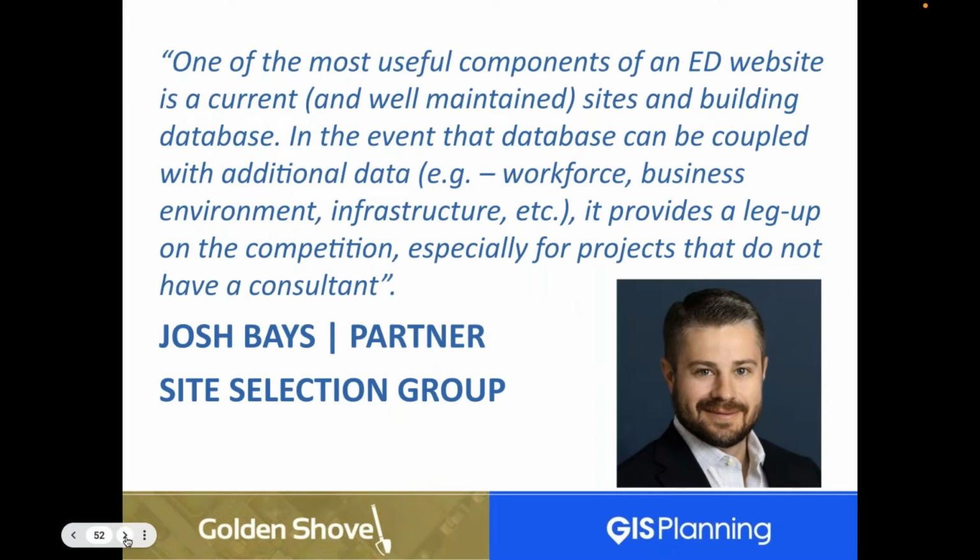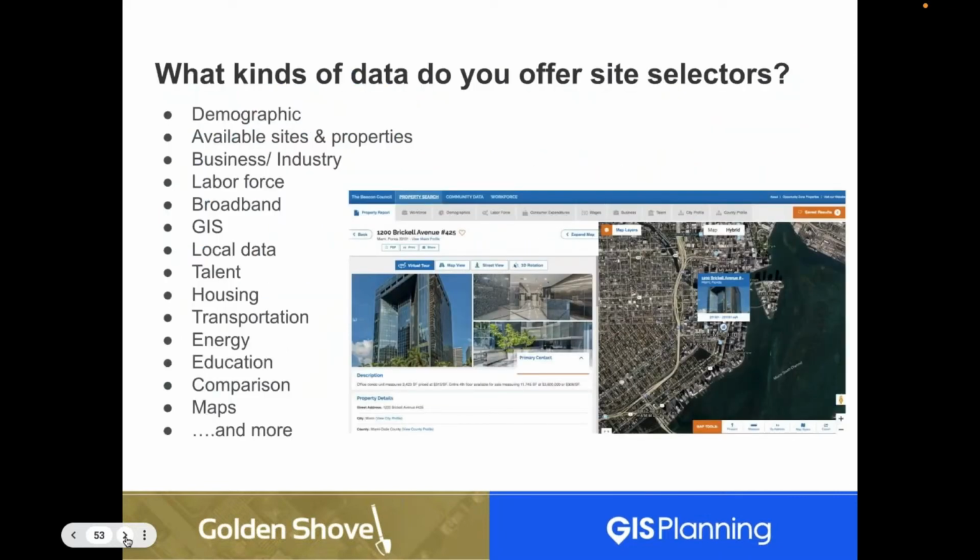So we see that this current sites and buildings database, an example here from a site selector, Josh Bays, who's talking about how you need this well-maintained property database with the data alongside it, is absolutely critical for that decision-making process. That's true both for site selectors, but also for the businesses doing the site selection on their own.